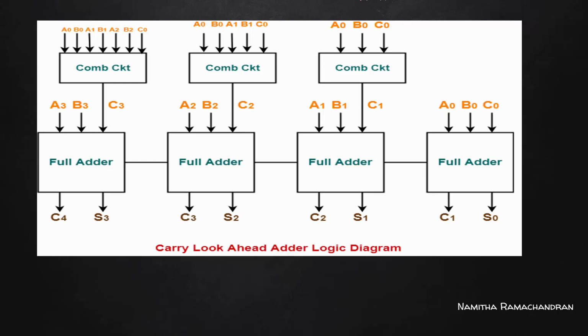So here this particular combinational circuit generates our carry input to the second full adder, which uses instant inputs A1, B1 and generates sum and carry output. And for our third full adder circuit, here again it uses a more complicated combinational circuit and uses instant inputs like C0, B0, A0, A1, B1.